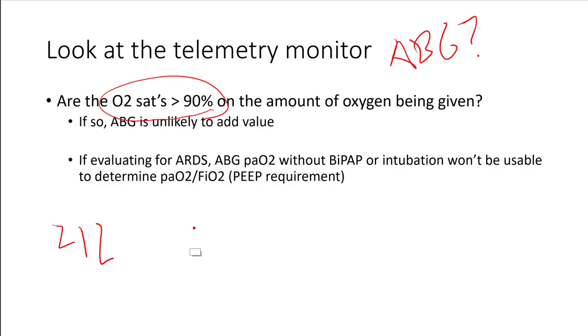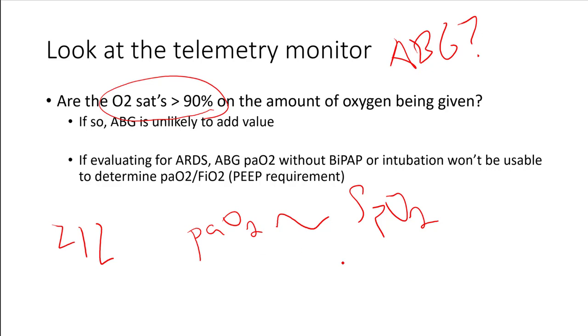The PaO2 on an ABG is going to correlate to what the oxygen saturation is on the monitor. So it isn't going to tell me if they're desatting and I'm missing it. It's not going to give you any new information.